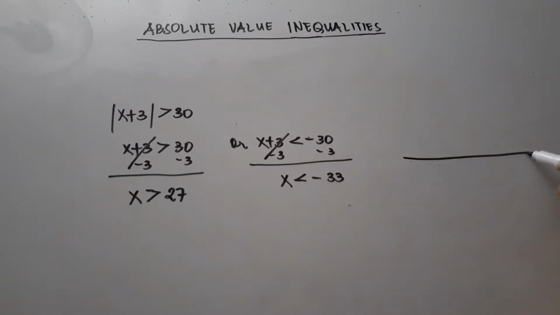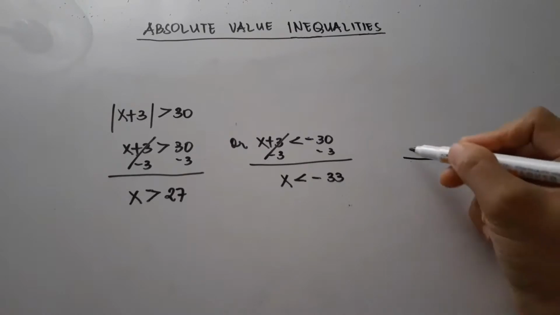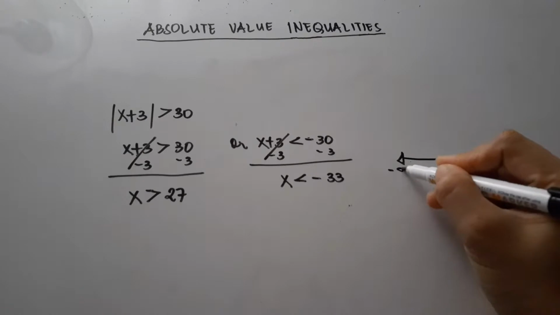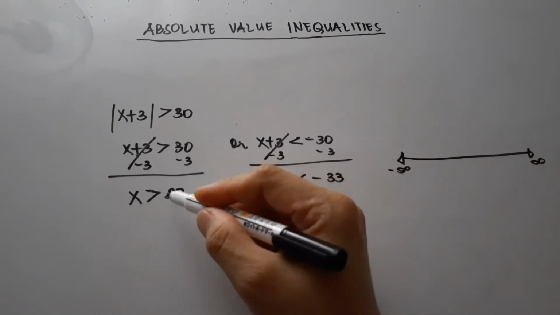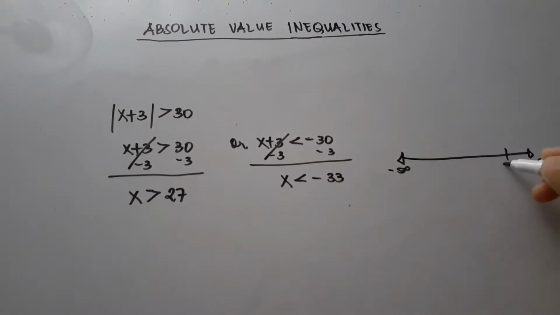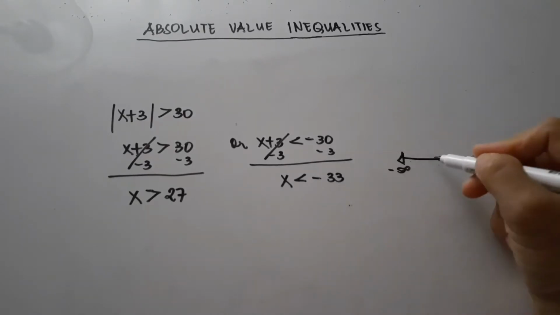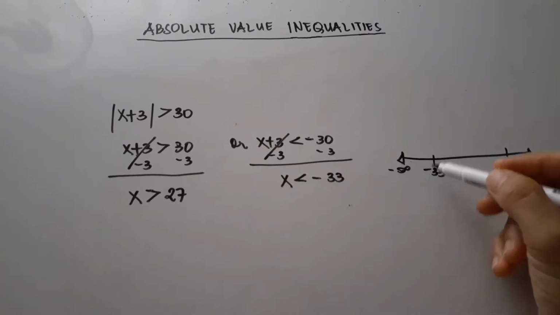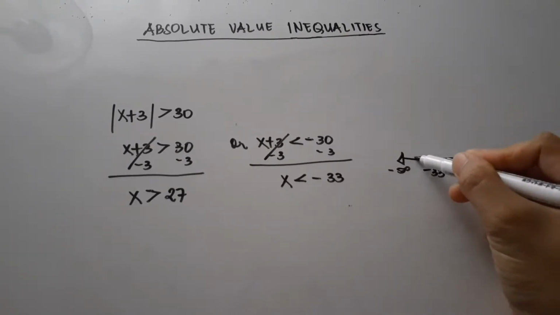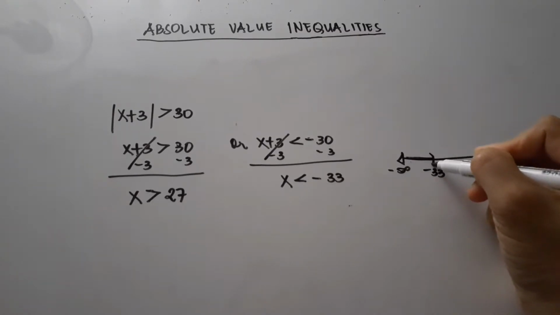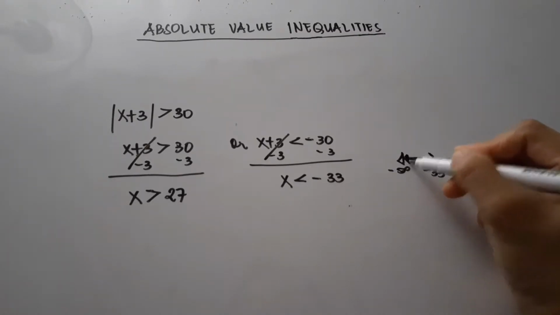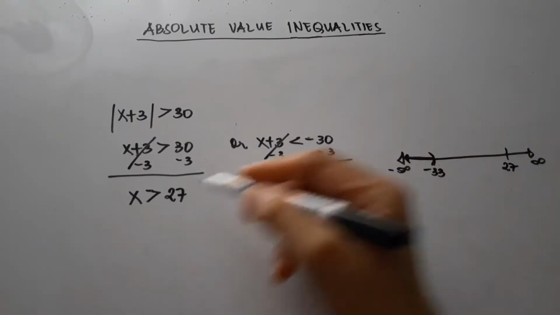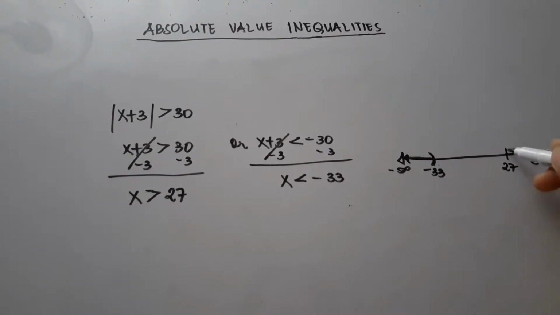Then let's see it in interval notation on the number line here. So we can locate the value of x, which is greater than 27, toward positive infinity, and the other side is negative 33, which is located toward negative infinity. Remember the sign: it is less than, so the direction goes to the left, and at 27, which is greater than, the direction goes to the right.